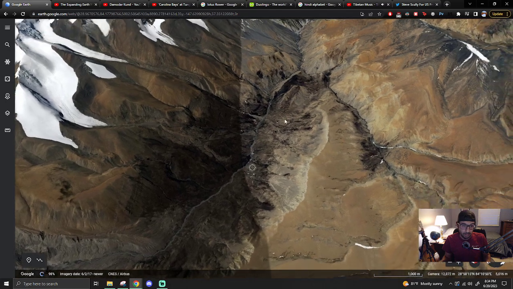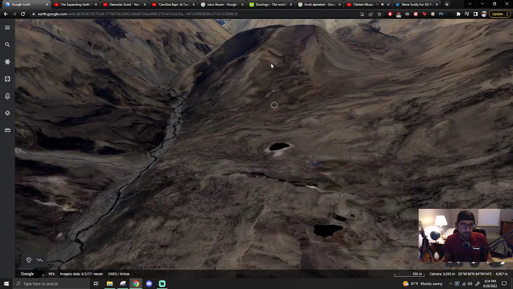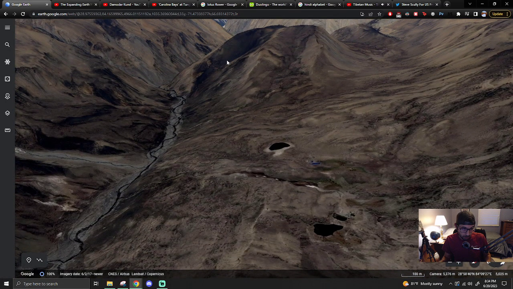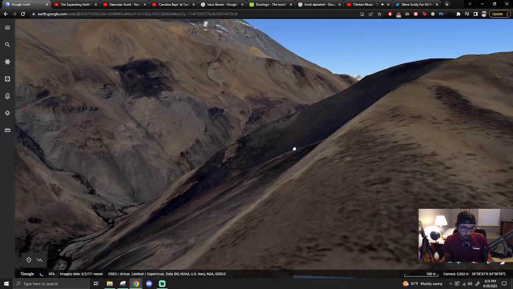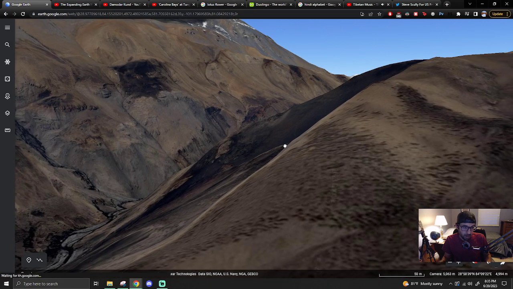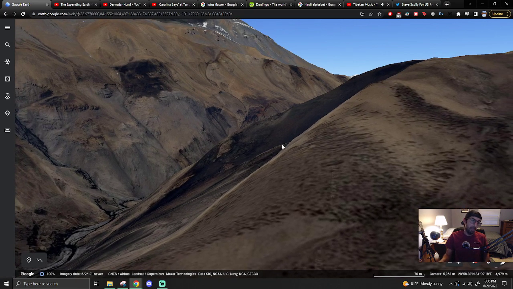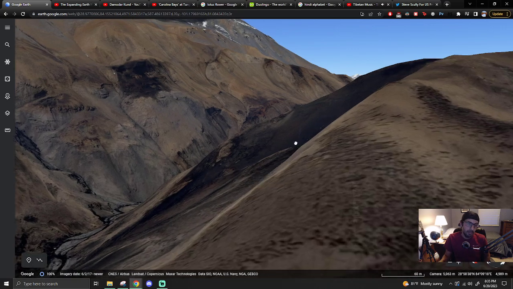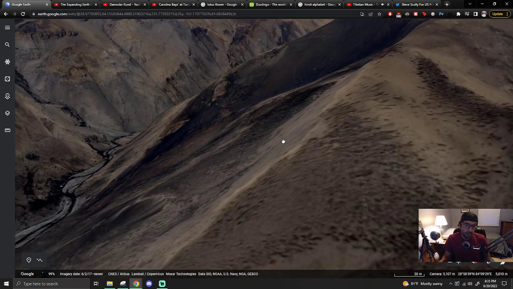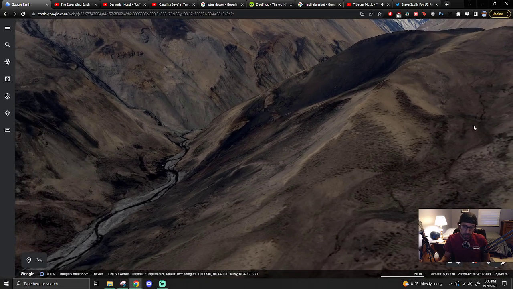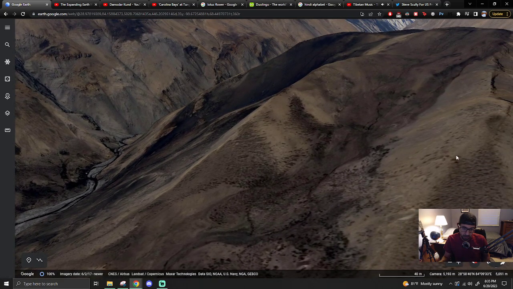So this ramp, we're seeing from here over this way. Something like here. Maybe a little more like this. So we're seeing this hill, but we're not seeing the entirety of the ramp.